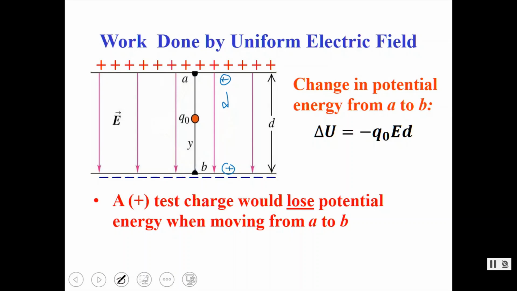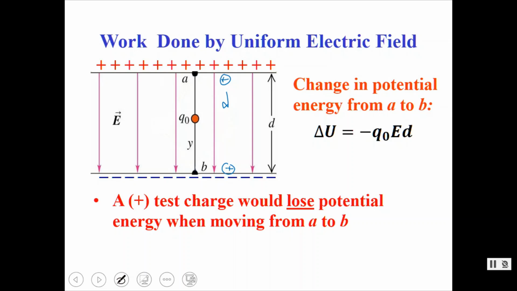If you think about it, that's kind of like an object falling down a hill. The tendency of that particle is to move in the direction of the electric field.